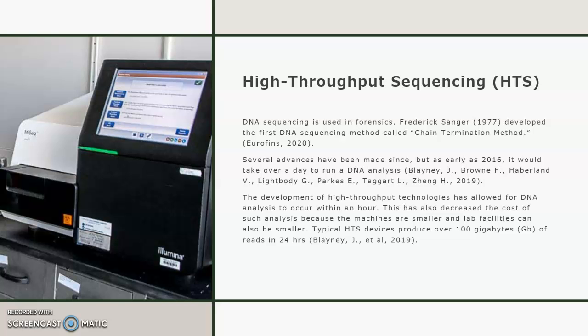When high throughput sequencing was invented, great amounts of data could be read. For example, they say here over 100 gigabytes of reads in 24 hours, also lowering the cost and therefore allowing for greater DNA analysis, much faster, much cheaper.